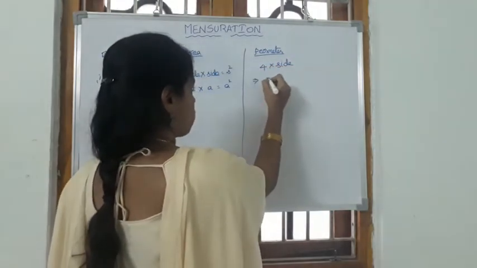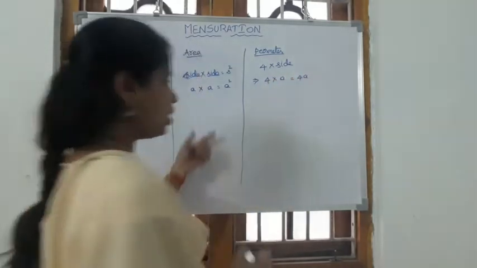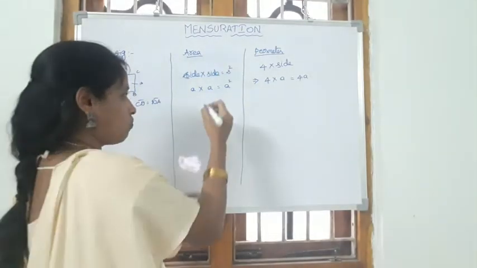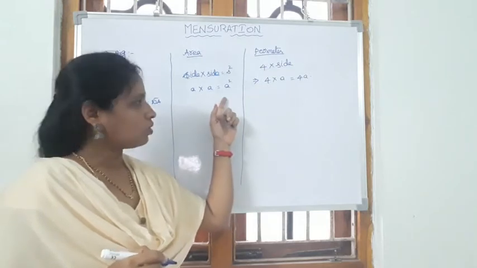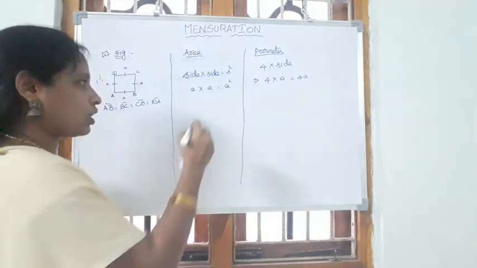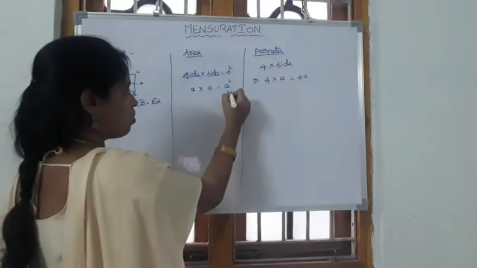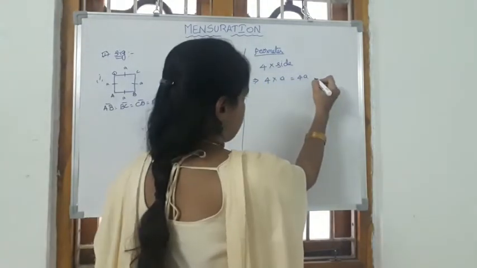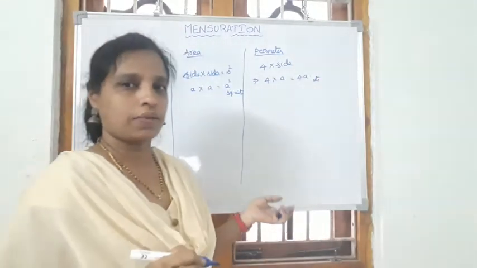That implies 4 into A, that is 4A. Area we measure in square units. If it is in centimeters, we say square centimeters. If it is in meters, the area we measure in square meters. Perimeter we measure only in units, either meters or centimeters.